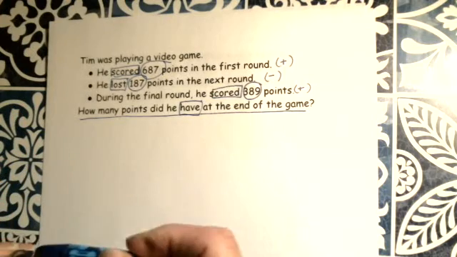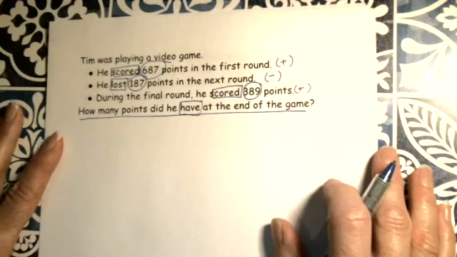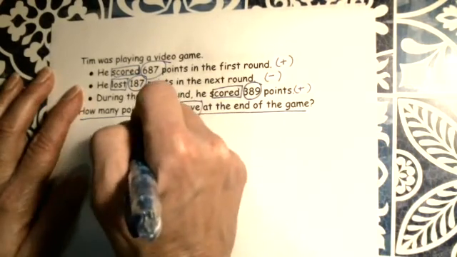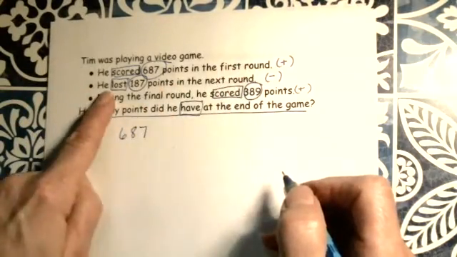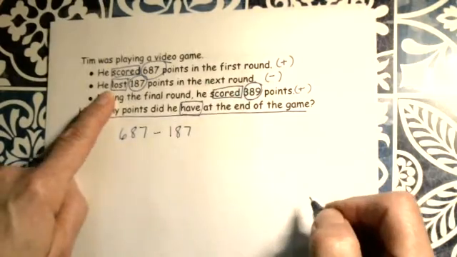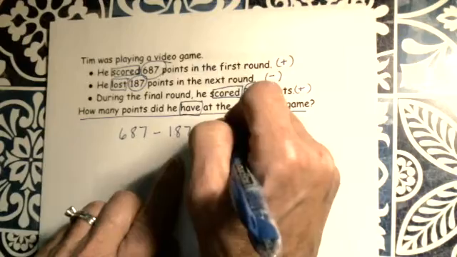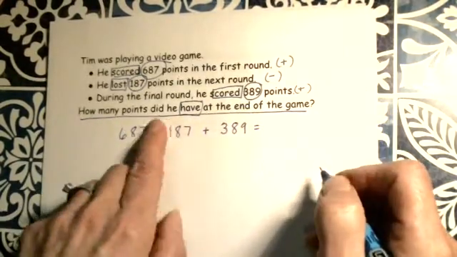So let's make an equation first, which will help us to see what strategies we're going to use to solve this. So we have 687 that he scored the first round. He lost, minus 187. During the final round, he scored plus 389 equals how many points?